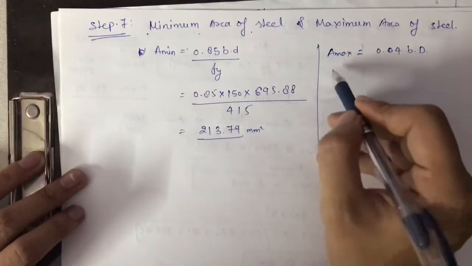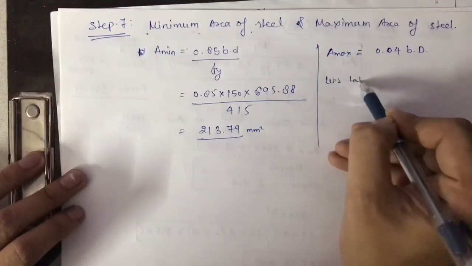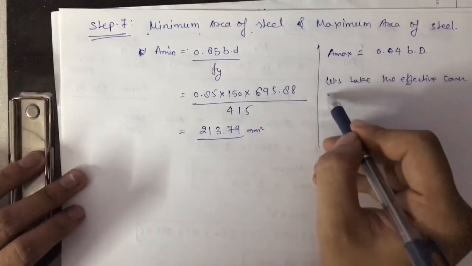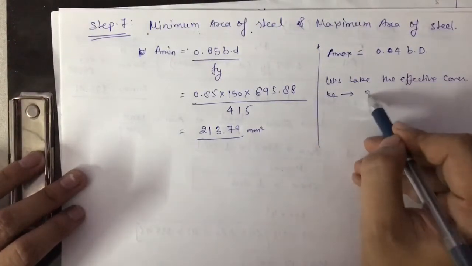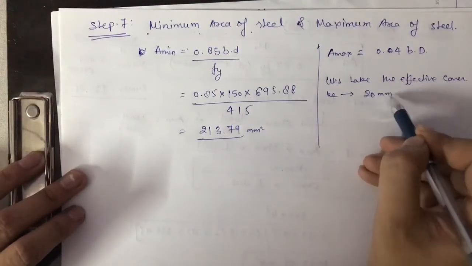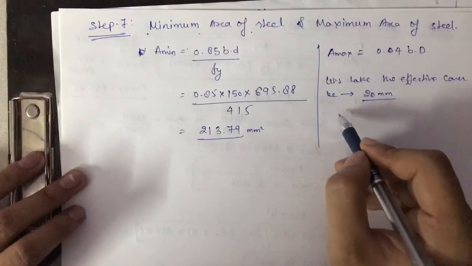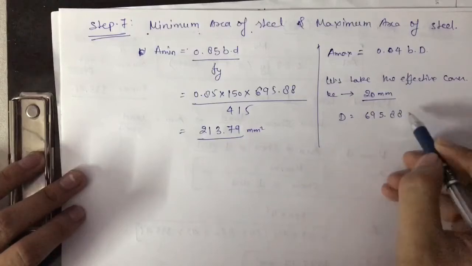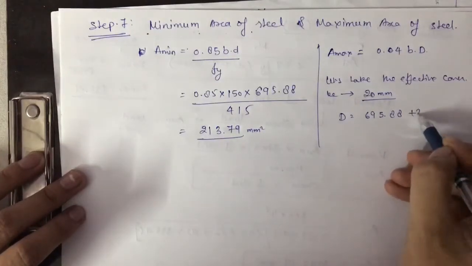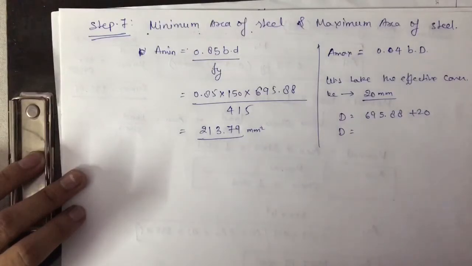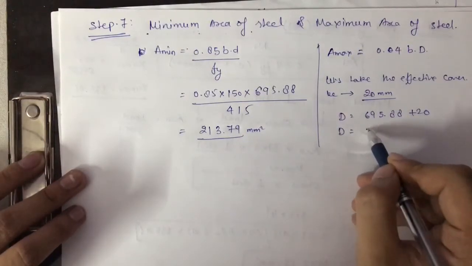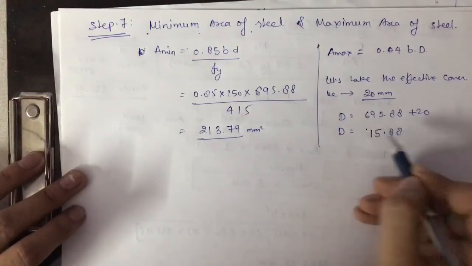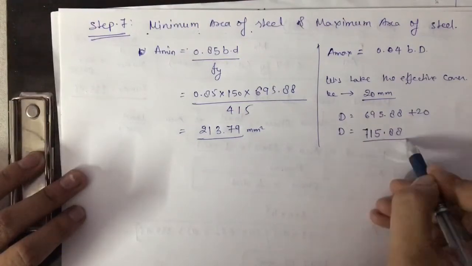So let's take the effective cover to be 20 mm, then D is equal to 695.88 plus 20, which is 715.88.